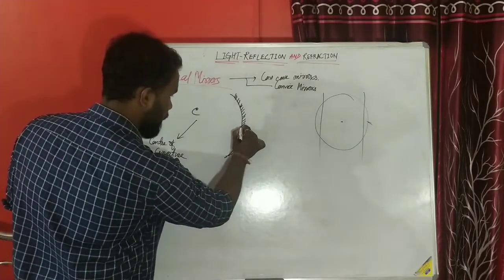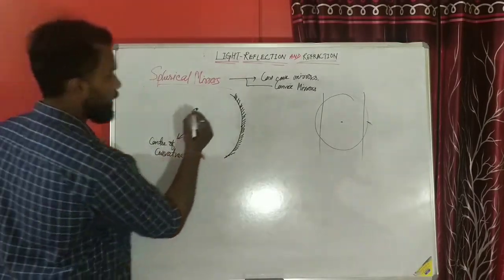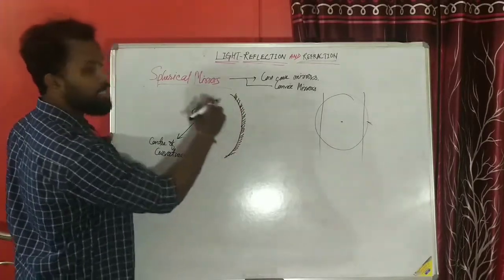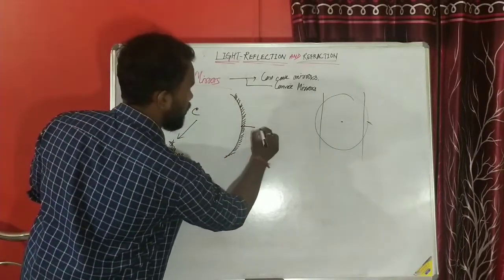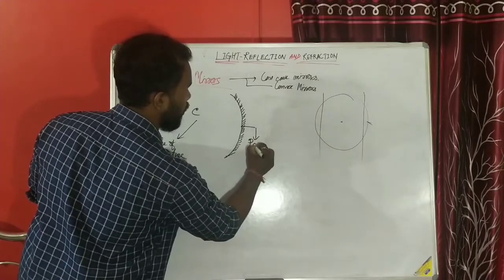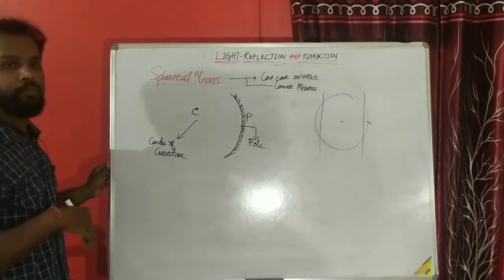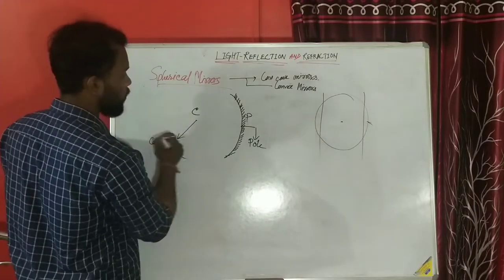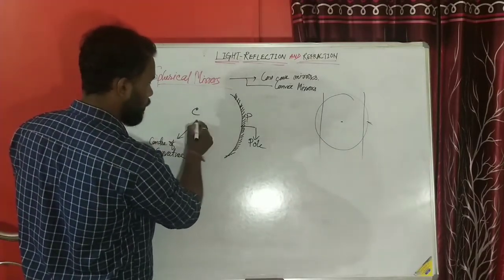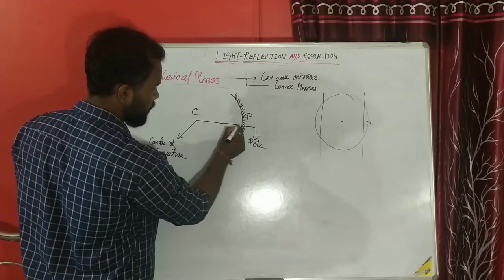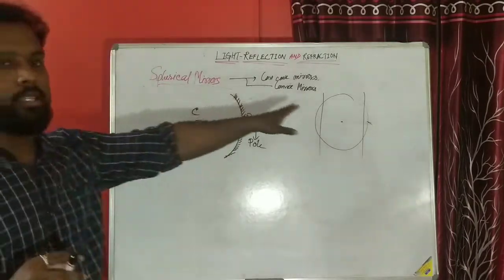This center of the reflecting surface is known as pole. It is denoted by P. Now what we will do, we will first join this line from P to C. Now look at this sphere again.